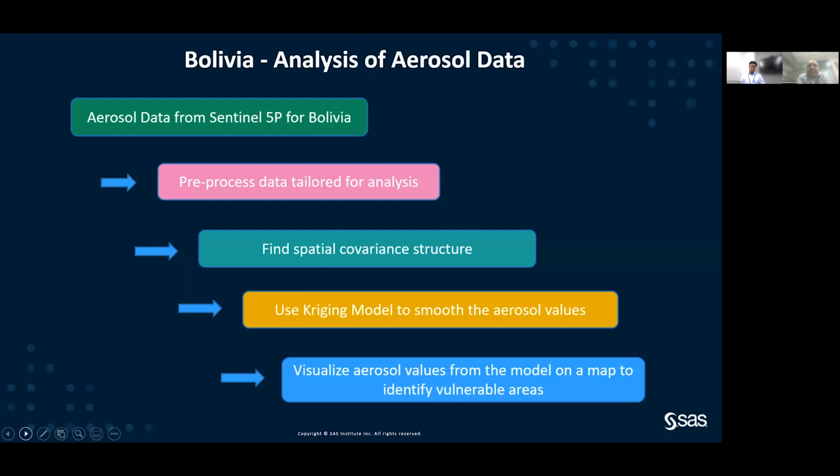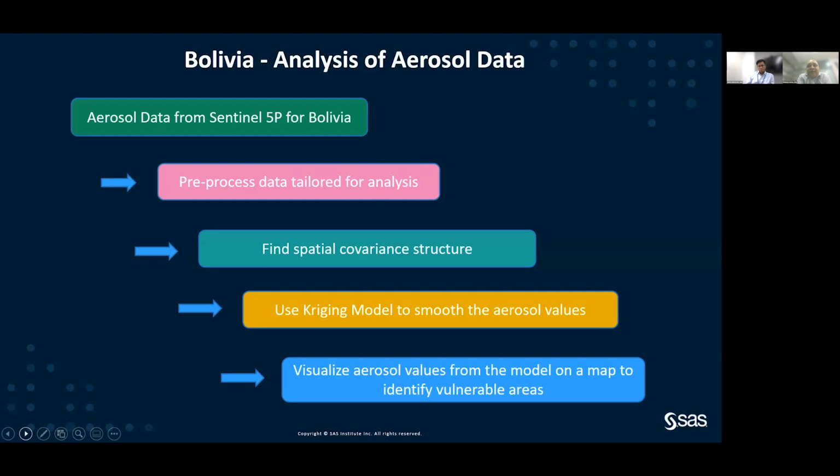So that's the volume of the data that we have. And for each month, there were about 1 million rows in the data files. So it was really challenging to process all of that data.